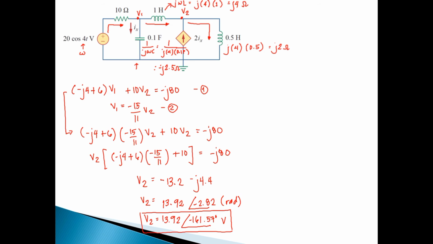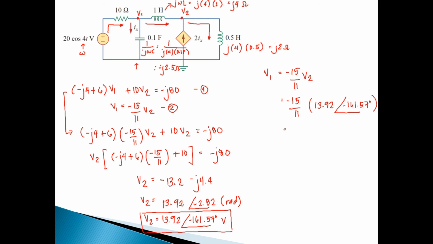Now for the value of V1, we have negative 15 over 11 times V2, with negative 15 over 11 times 13.92 angle negative 161.57.